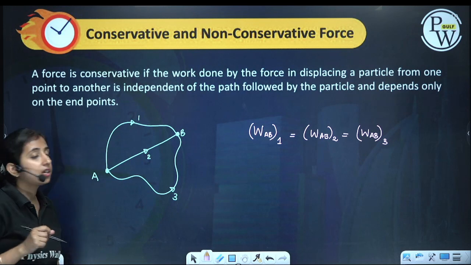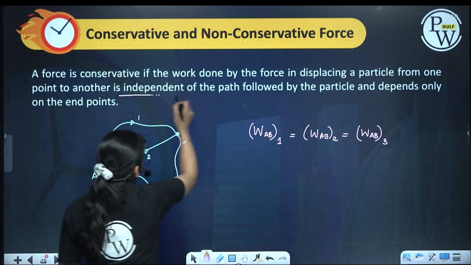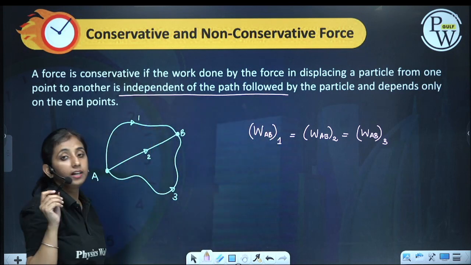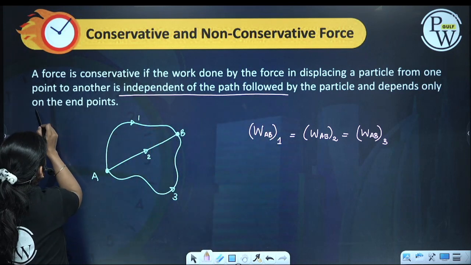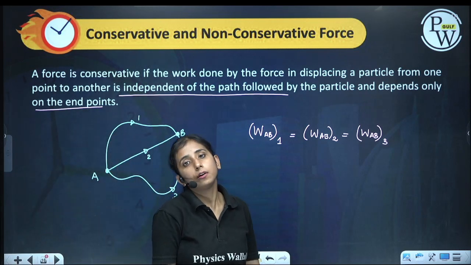So for a conservative force, work done doesn't depend on the path followed. It is independent of the path followed. It only depends on the endpoints, initial and final position.